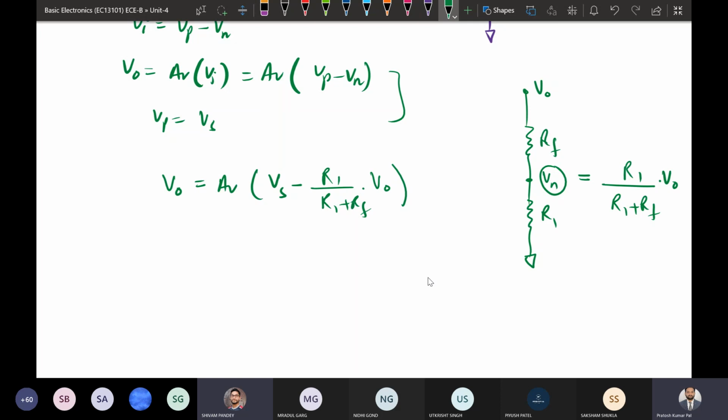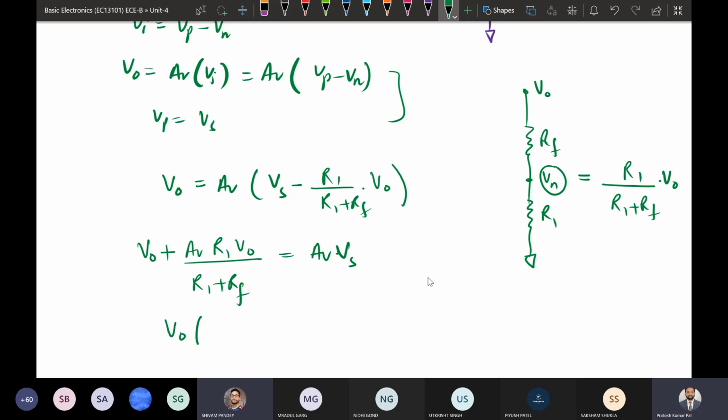From there we will be separating V output and Vs. The V output term we will be taking to this side. So it will be V naught plus AV R1 divided by R1 plus Rf is equal to AV into Vs. This we have taken that way.